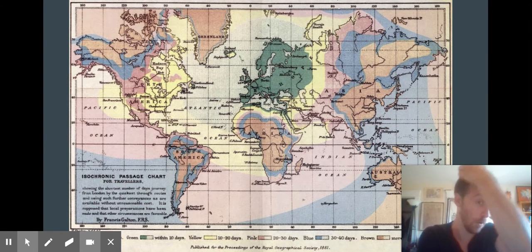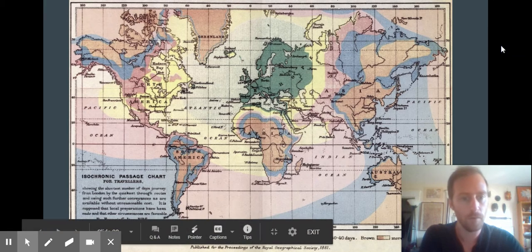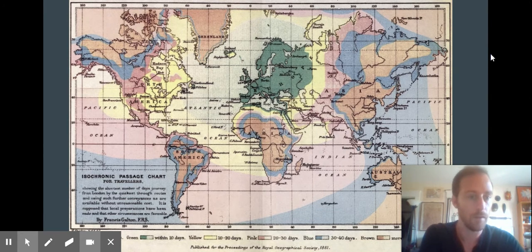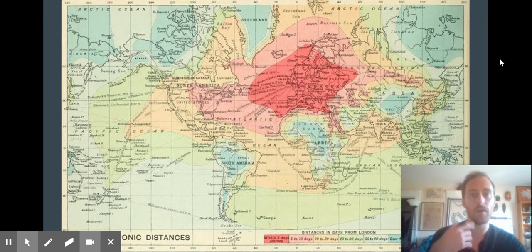Green is within 10 days, yellow 10 to 20, and at the bottom you have how long it would take. Interestingly, the dark orange areas are more than 40 days. It's a long time. By, I believe, 1900, the amount of time it takes to travel the same distance has gone down by about half.